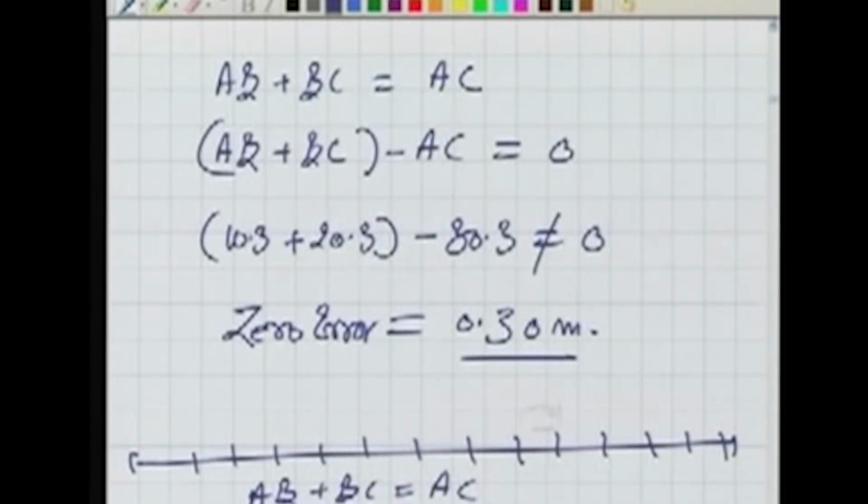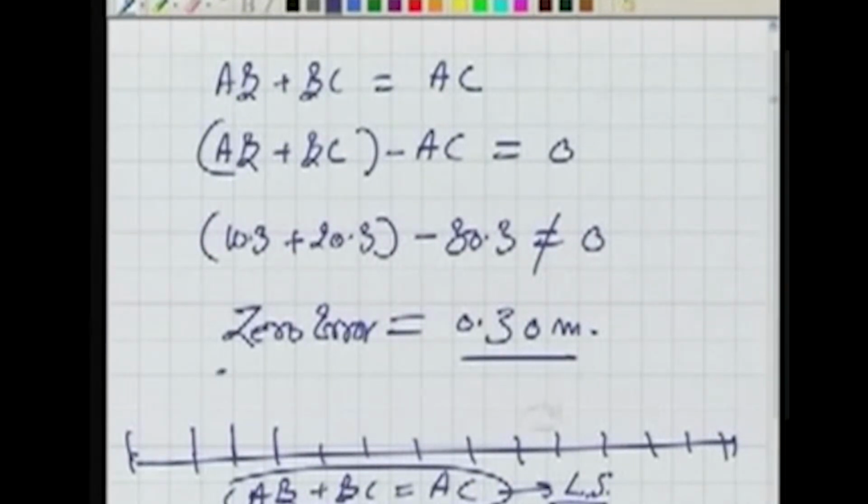Many such combinations can be developed here. Now we can write all these equations together. We can solve them by least squares, and we can find a value nearer to the true zero error, which is more promising. So that's our error number 1, the zero error.